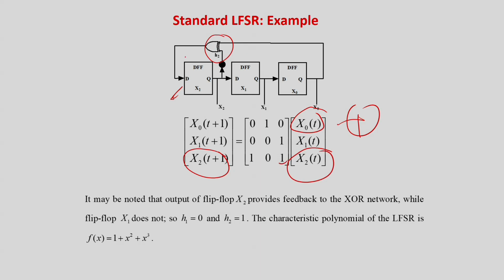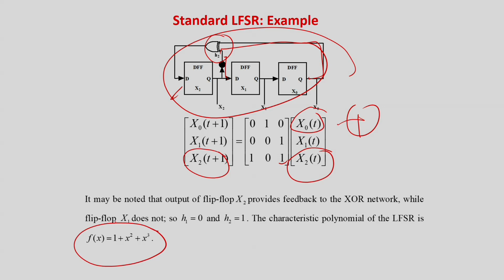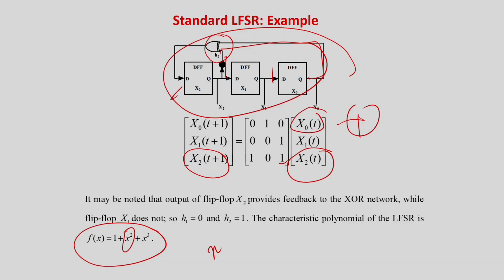So the output of this is an XOR of this one and this one. This circuit is represented by this, and the polynomial is 1 plus x square plus x cube. 1 and x cube will anyway be there, but only x square is there; the x term is missing because it is not filled by an XOR gate. I can put an XOR gate here also; all 4 combinations I can use. Basically, no XOR gate is not a combination to be used, since these are all locking 0 sequences.